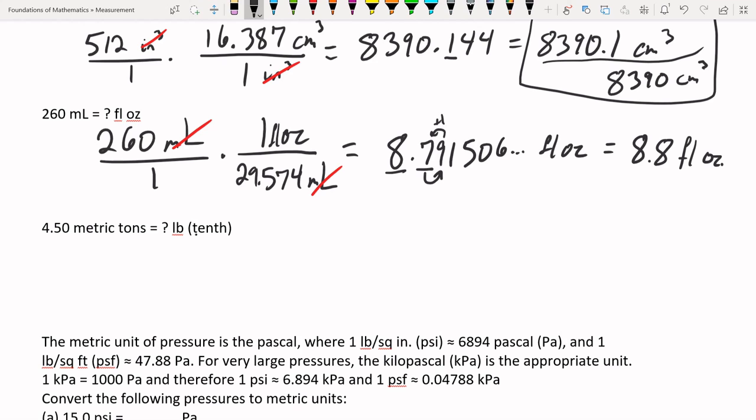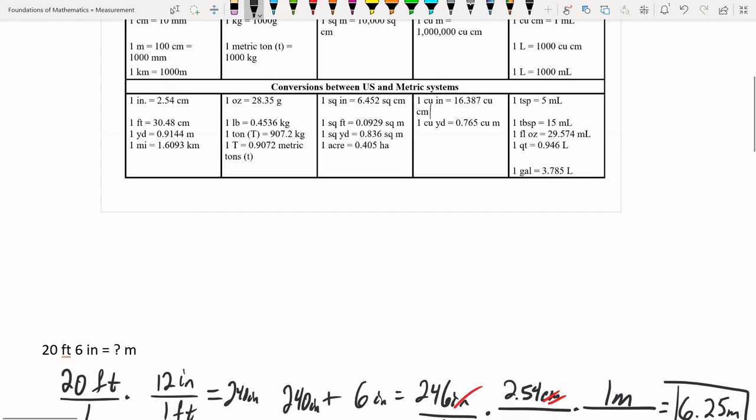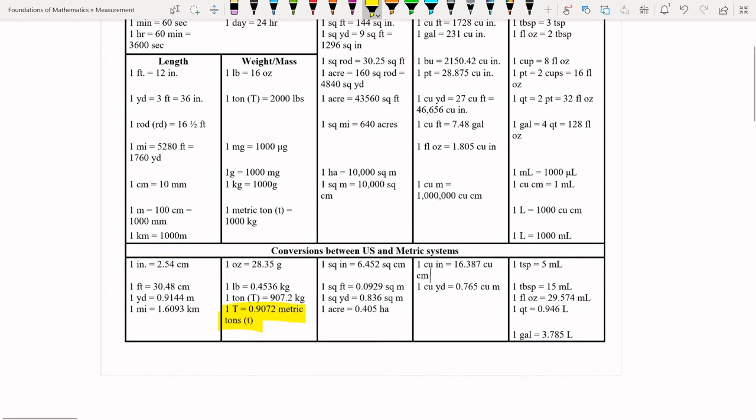Okay, for this one, we're rounding to the nearest tenth. 4.50 metric tons. I believe that's tonnes. Oh, it's lowercase t. Okay, we need to change this to pounds. Let's see. We can go from a metric ton to a regular ton, and then we can use 1 ton to 2,000 pounds.